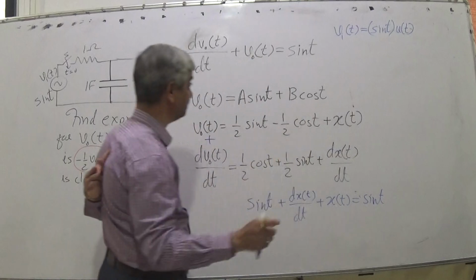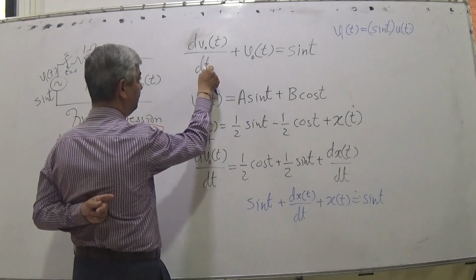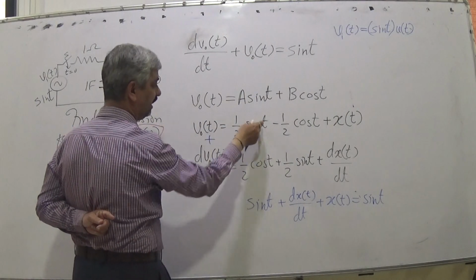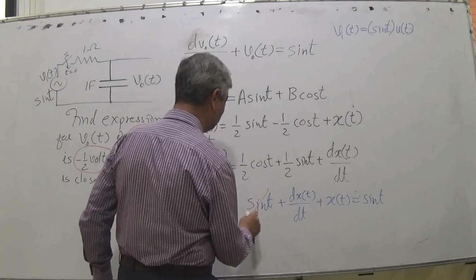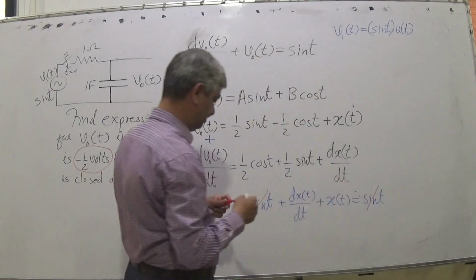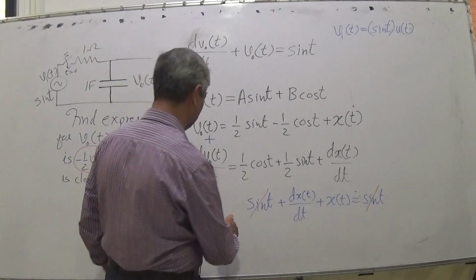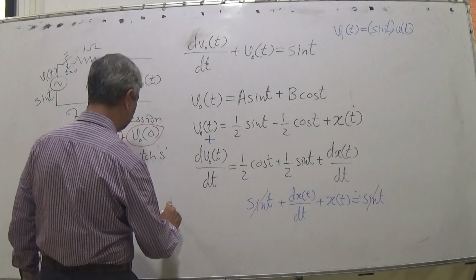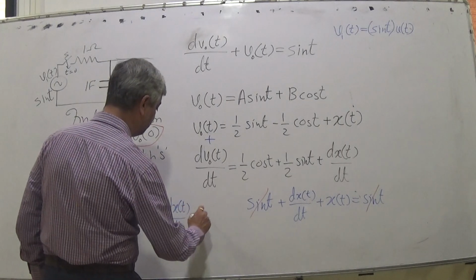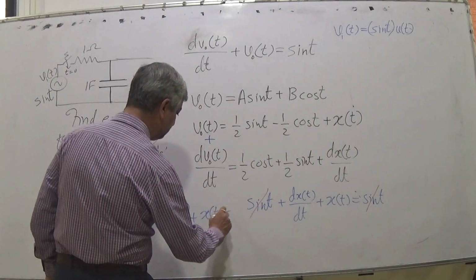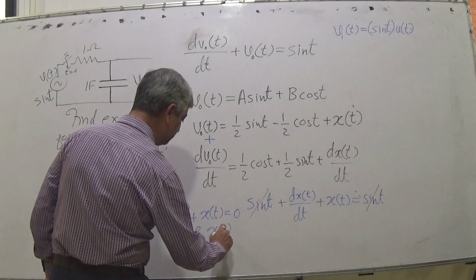Last time, I am repeating. When I add dVO(t) and VO(t), I get this. After the sine cancels, I get dx(t) by dt plus x(t) is equal to 0.